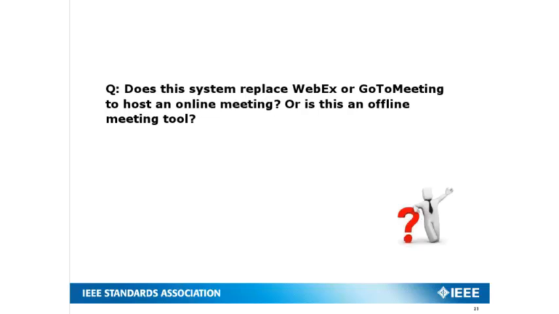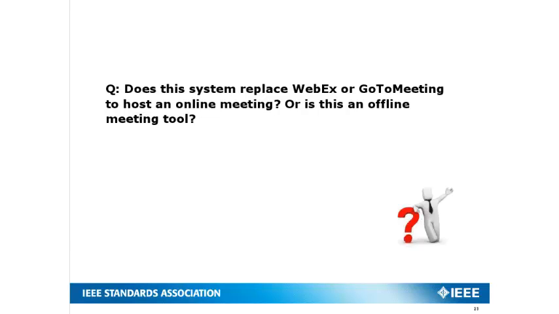There is another question here: is the system replacing WebEx or GoToMeeting to host an online meeting, or is this just an offline meeting tool? Well, neither. Central Desktop is a collaboration space. It does not replace WebEx or GoToMeeting for teleconferences, the audio portion of your meeting.